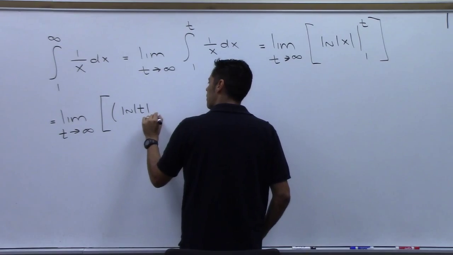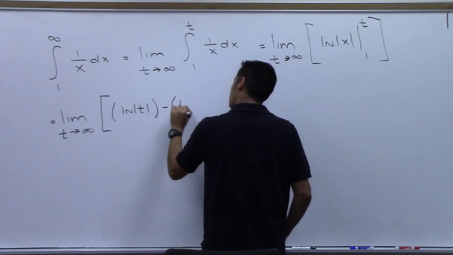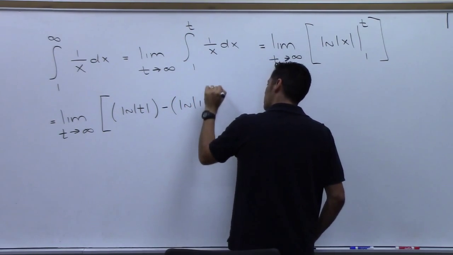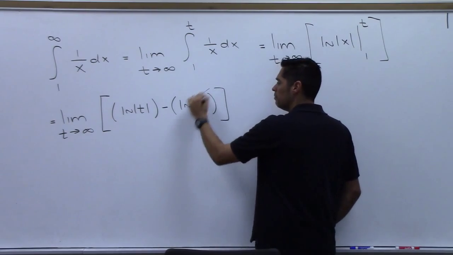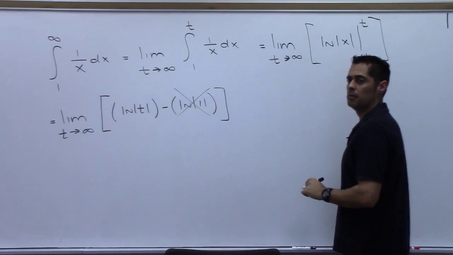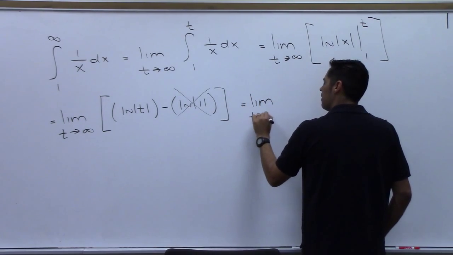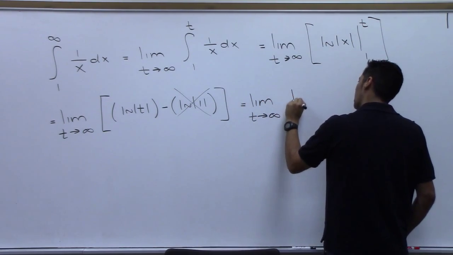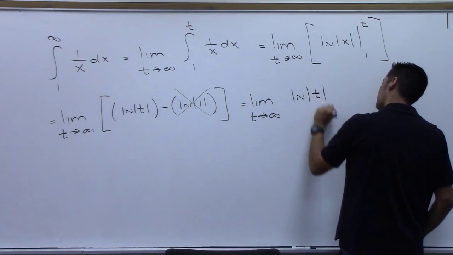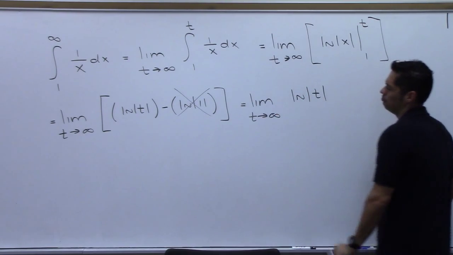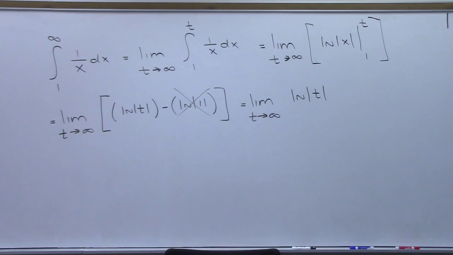Plug in 1, you get natural log of 1, which is 0. Natural log of 1 is 0. And this now equals the limit as t goes to infinity of the only thing left, natural log t. So what is that? It goes to infinity.